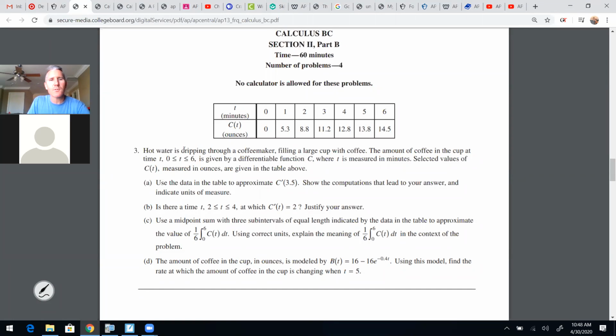So hold on, let me first read this problem. Hot water dripping through a coffee maker, filling a large cup with coffee. The amount of coffee in the cup at any time in between 0 and 6 is given by differentiable function C. So C is differentiable.